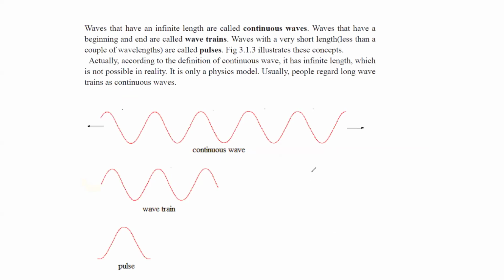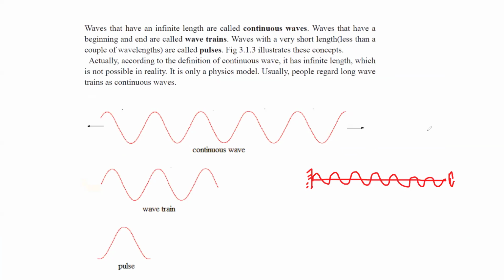So for example, take a string or a wire, hold one end of the wire and fix the other, and you disturb this end. When you disturb this end, the vibration you will see is like this, and continuously you're moving it.